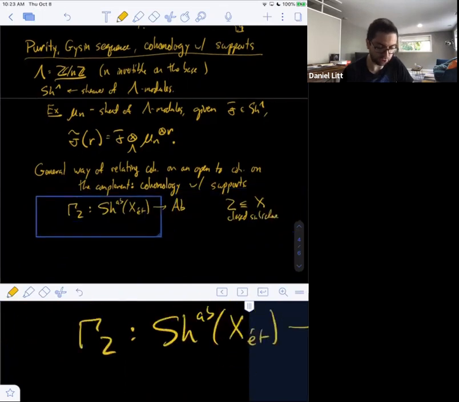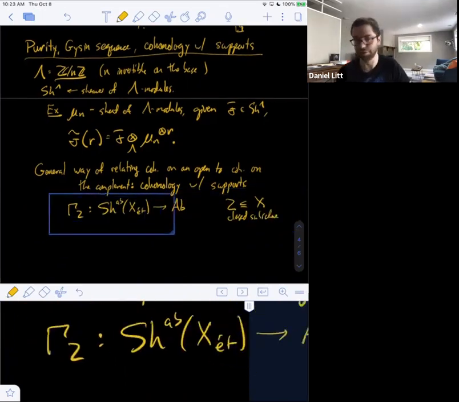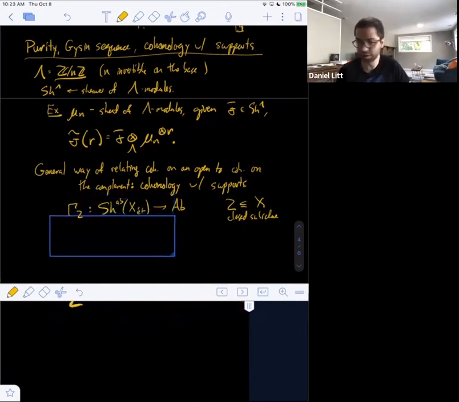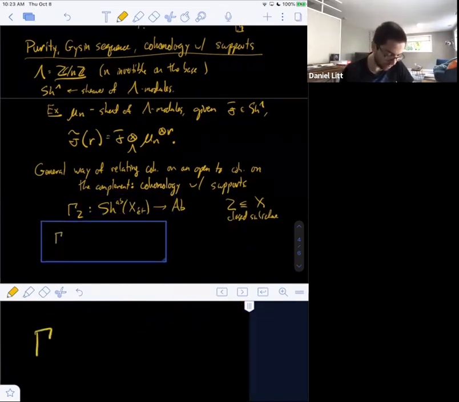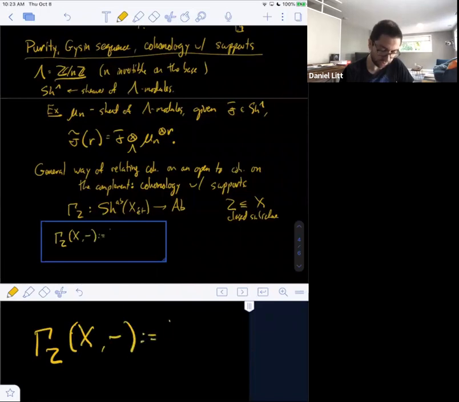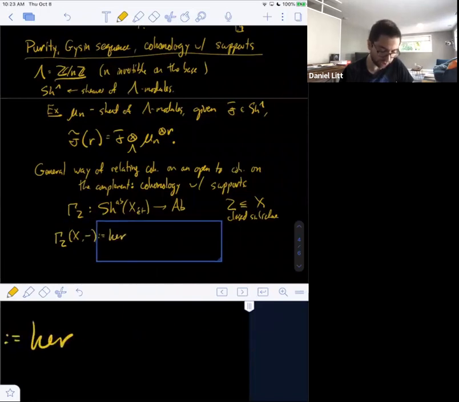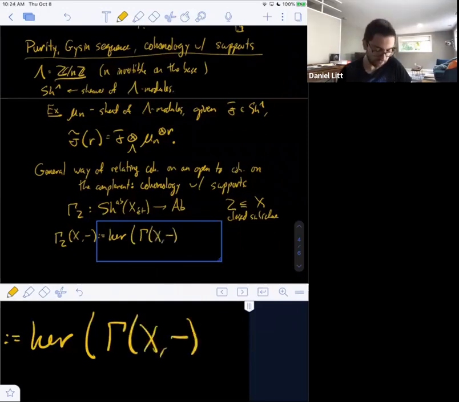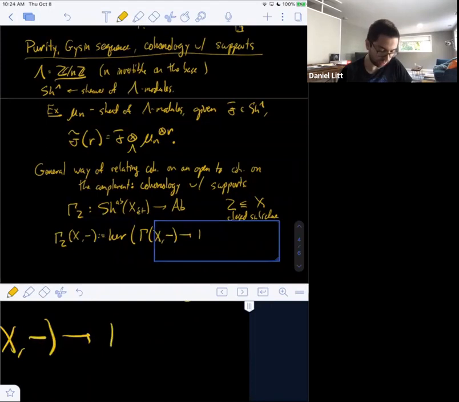This is called the functor of global sections supported on Z. The definition is as follows: gamma Z of F is defined to be the kernel of the restriction map from the global sections on X to the global sections on U.